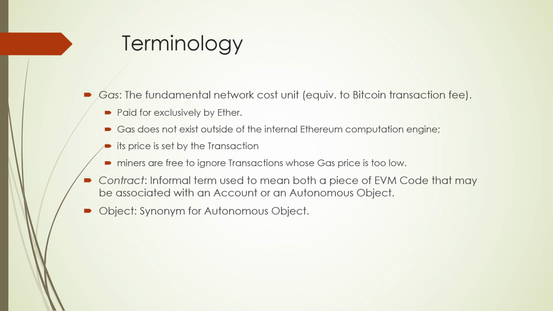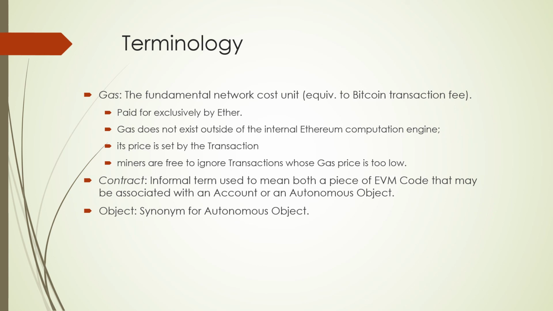Then we define gas, the fundamental network cost unit, which is equivalent to the Bitcoin transaction fee. The gas is paid for exclusively by Ether. You cannot use any other currencies.